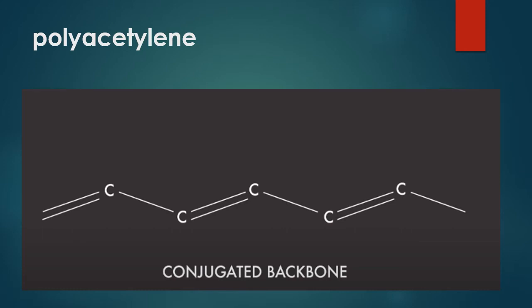As you can see in this picture, there's double, then single bonds, etc. This is known as a conjugated backbone. The first bond of each double bond is a sigma bond, and the second bond of each double bond is a pi bond.